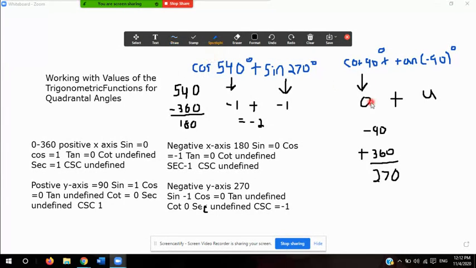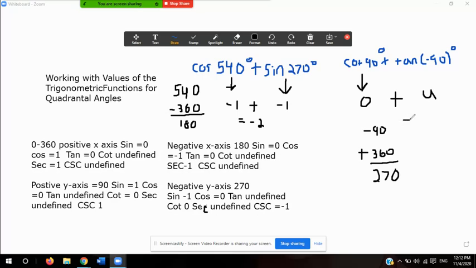Even though the cotangent of 90 is 0, because the tangent of negative 90 is undefined, when I look for the coterminal angle, I simply say that the answer to this exercise is also undefined.